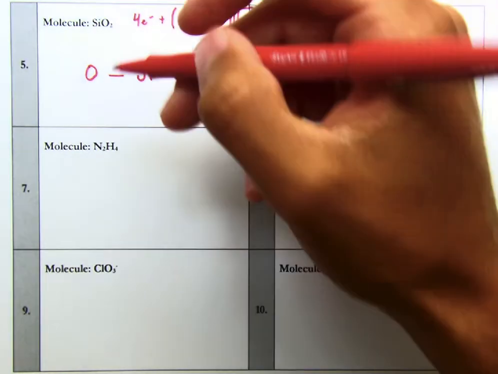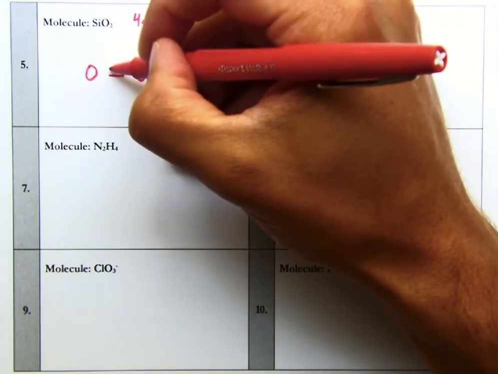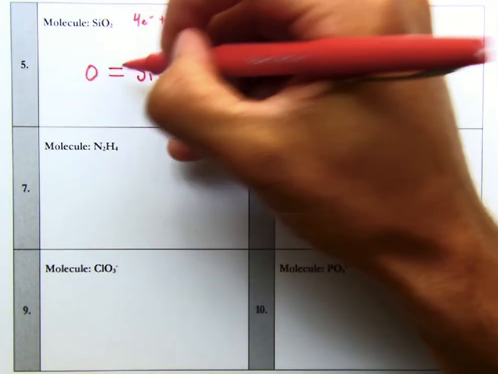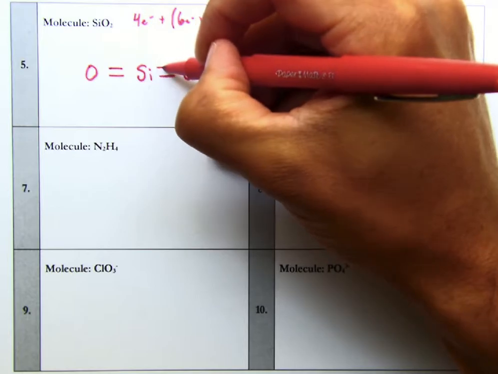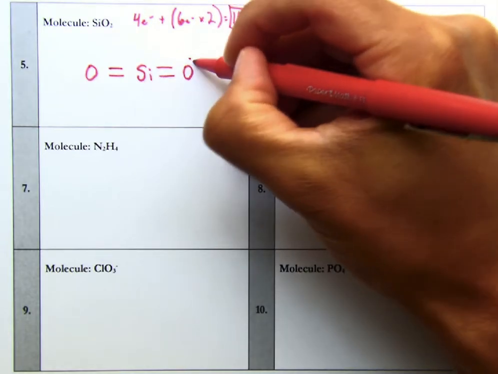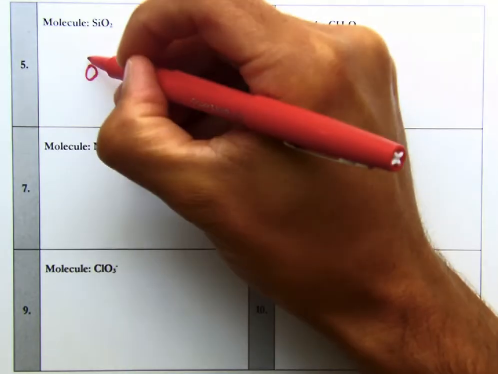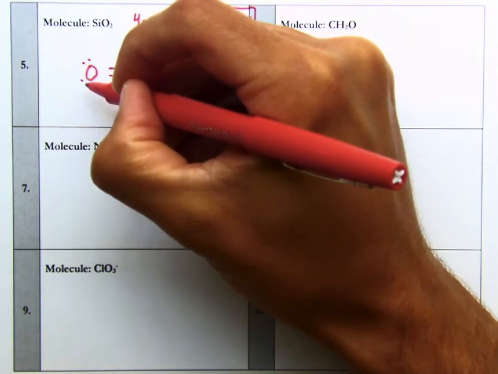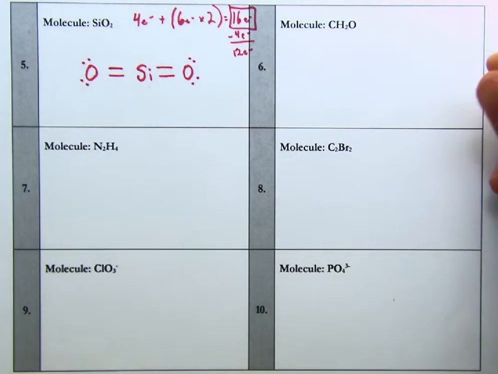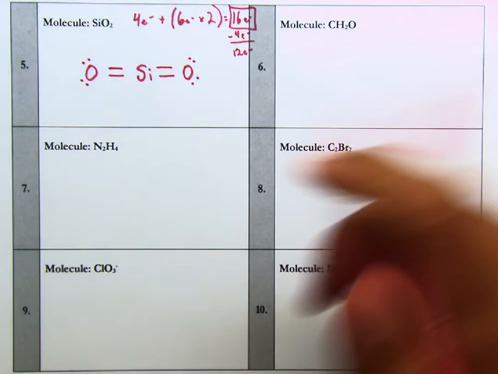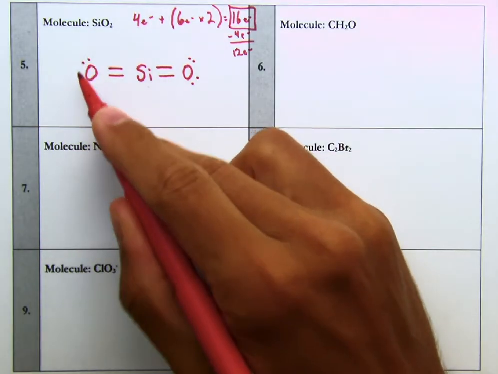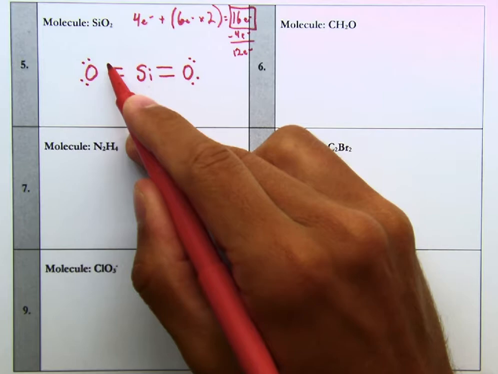So watch this. Instead of a single bond, I'm going to have a double bond. Look at that Lewis structure. Oxygen, 2, 4, 6, 8.